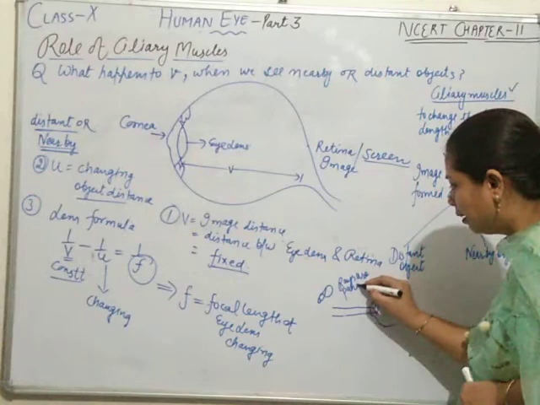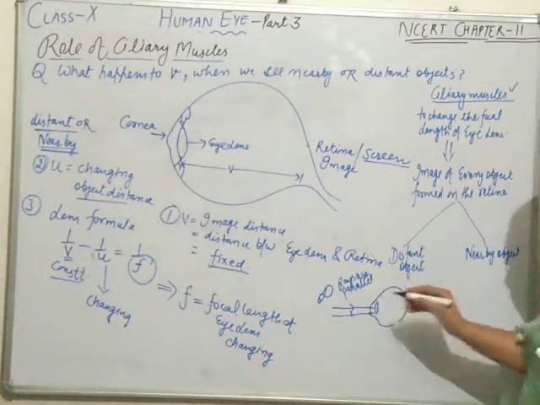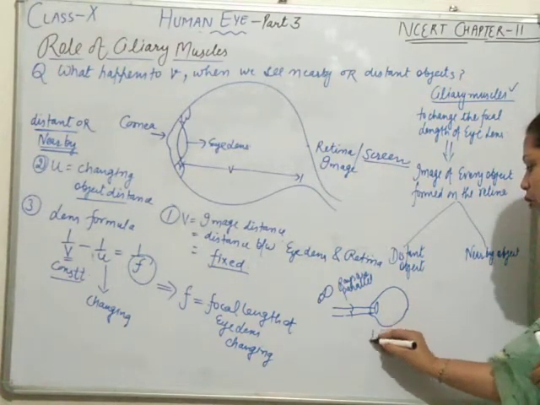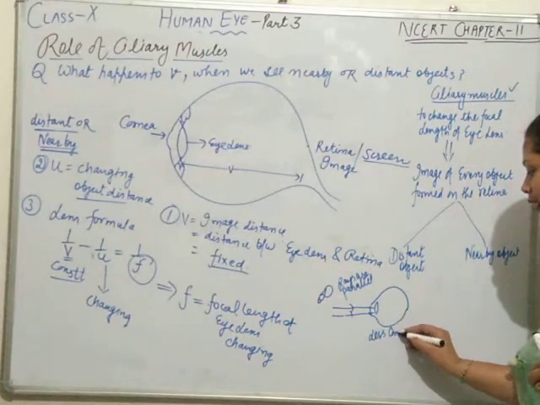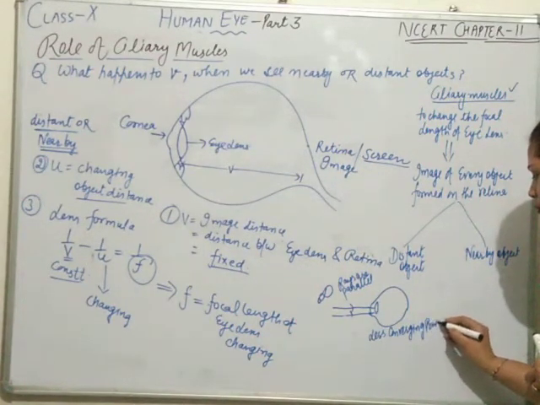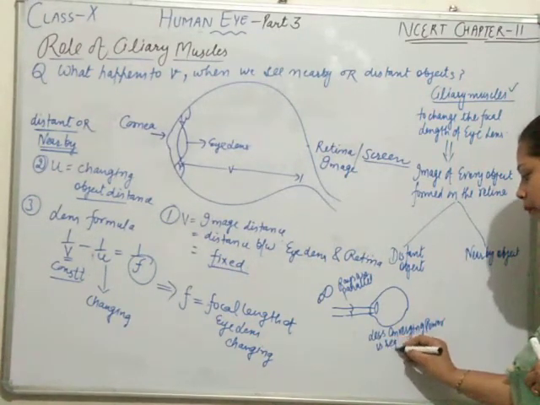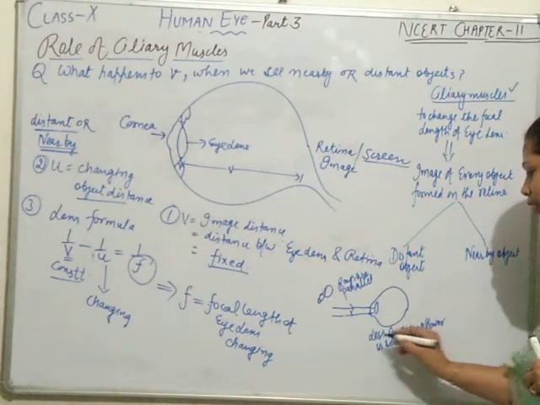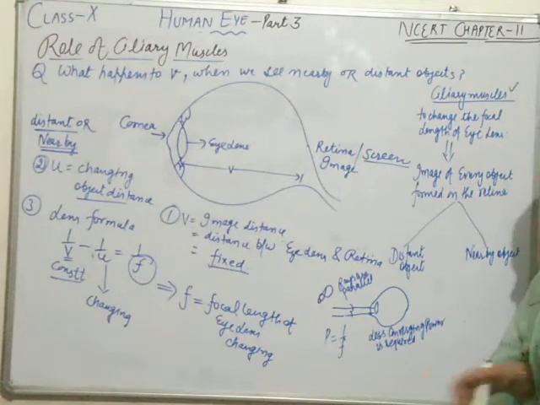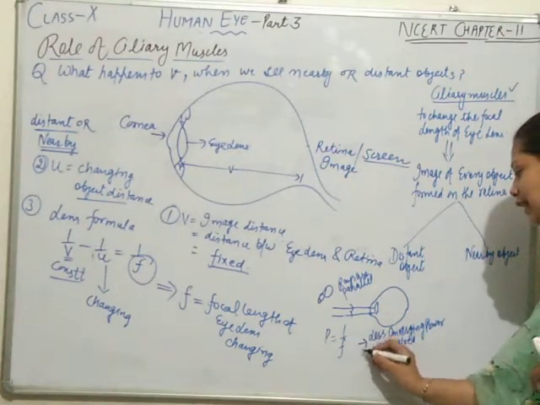As the incoming rays are parallel to each other, there is no need of much convergence, so less converging power is required. As we know that power is equal to 1 upon focal length, when less power is required, the focal length is increased.